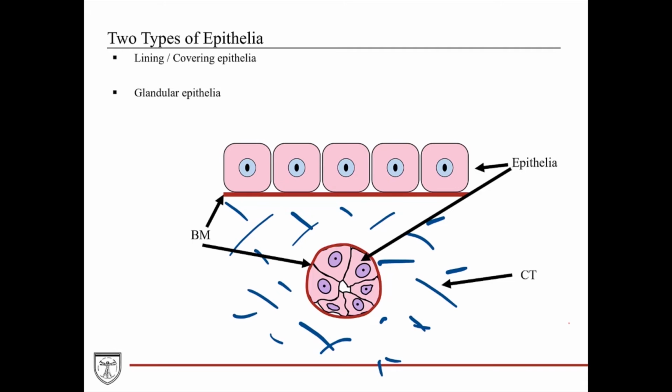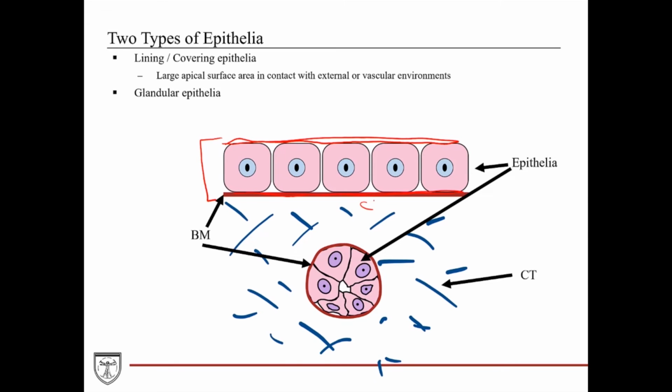And in a diagram like this, the covering epithelium would be something that has about the same surface area in contact with the external environment as the surface area that is in contact with the basement membrane and the connective tissue. Whereas the glandular epithelium is often embedded within the connective tissue environment, and the surface area in contact with the lumen would be much smaller than the surface area in contact with the basement membrane and the connective tissue.